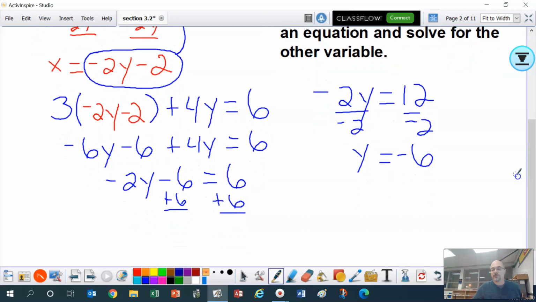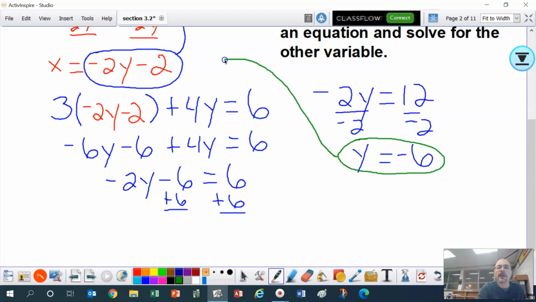Let's make life easy. We want to make it as easy as possible. So I'm going to take this y equals -6 and plug it into this equation, because I want to know what x is, and x is already by itself on the left side. So I'm going to plug in that negative 6 for y. I have x equals negative 2, and I'm going to replace the y with negative 6.